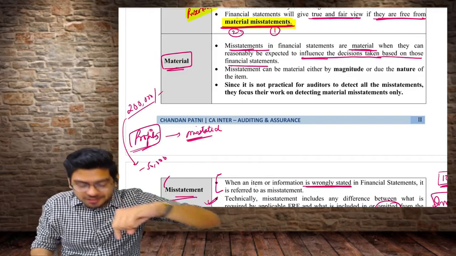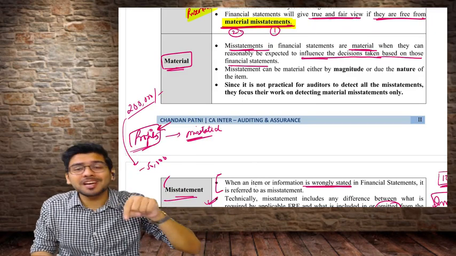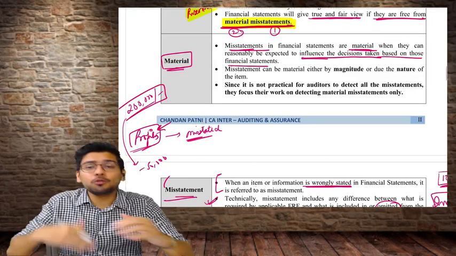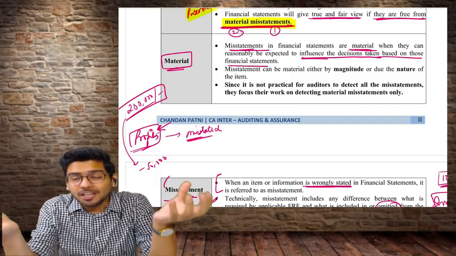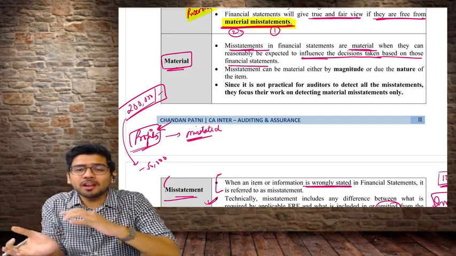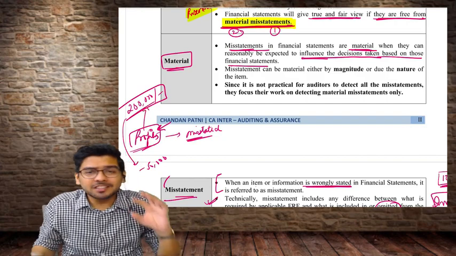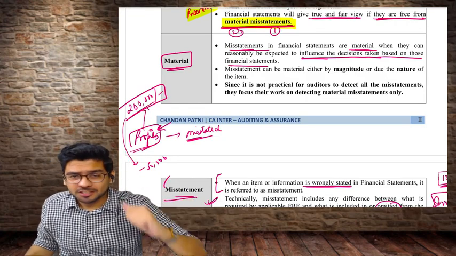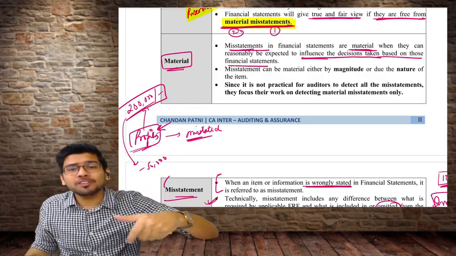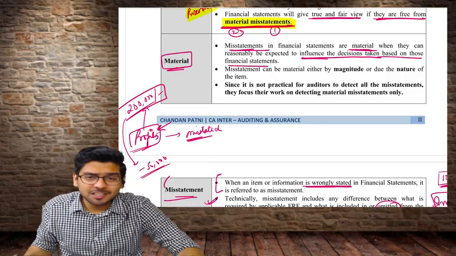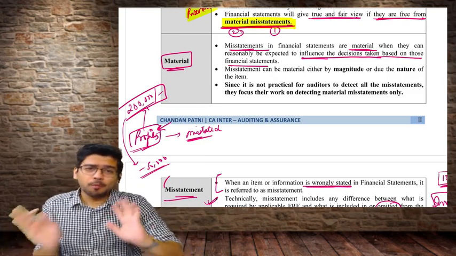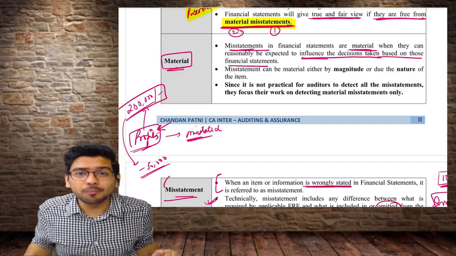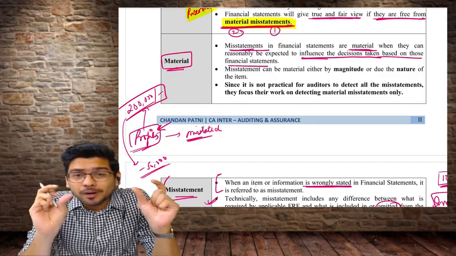Because of the misstatement in this aspect, the decision of the user changed. It influenced the decision of the user. Earlier, had the profits been 2 lakhs, I would have purchased the share, but now because profits have been misstated and shown as a 50,000 loss, probably I will not be buying shares of the company. So this is a material misstatement.